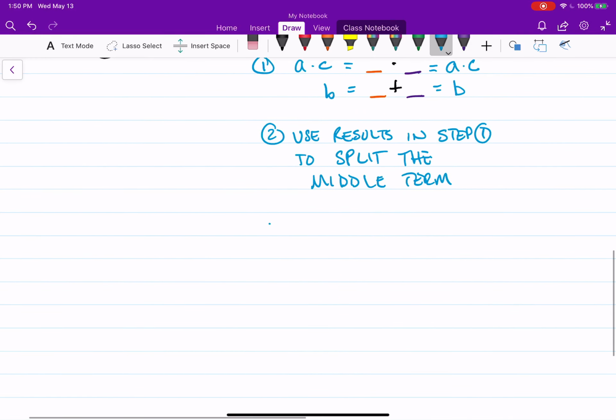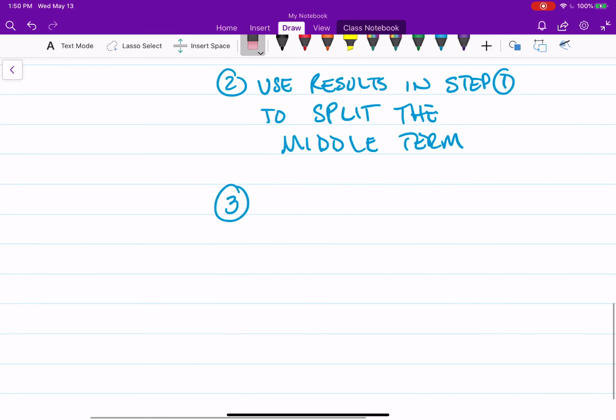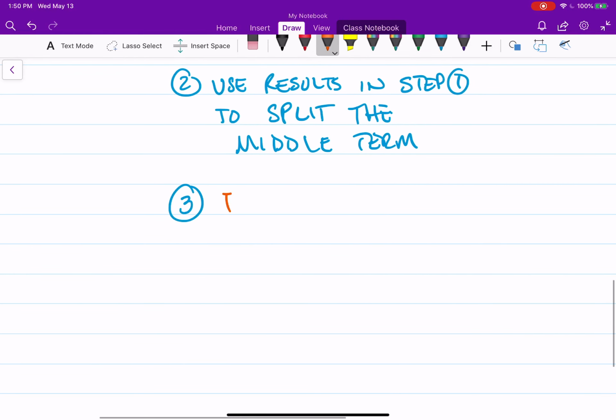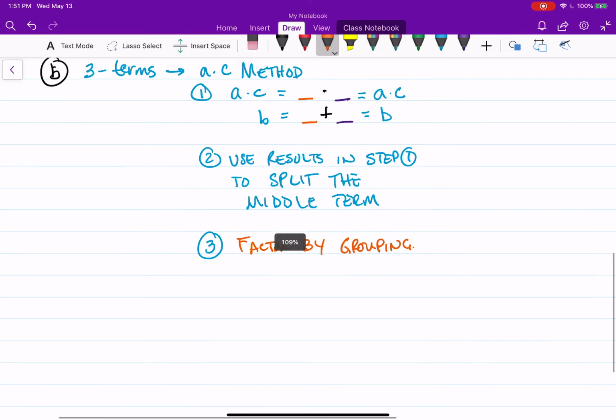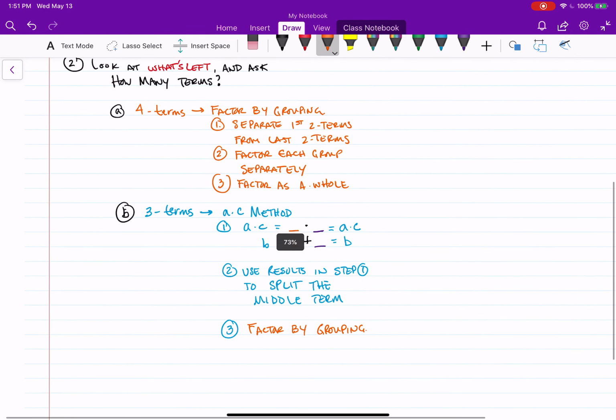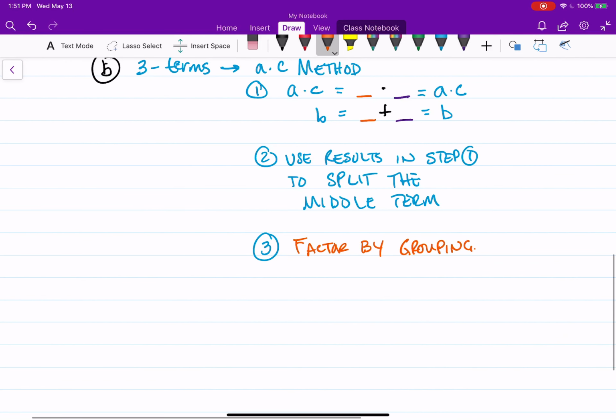And then step 3, factor by grouping. Don't like my writing there. Notice I put in orange. Look at that.